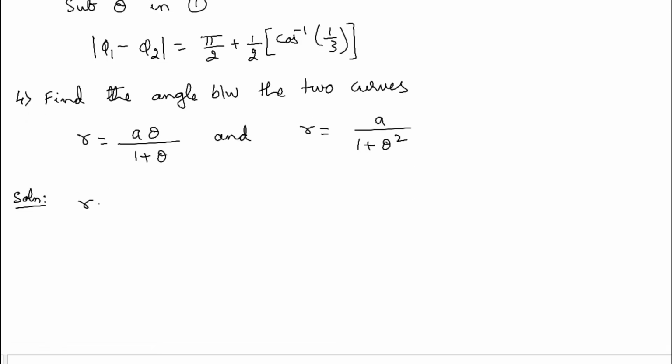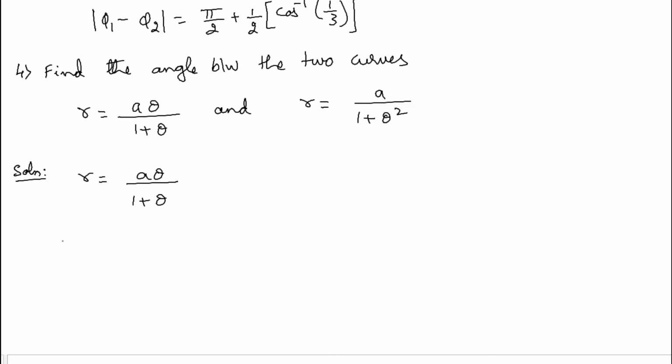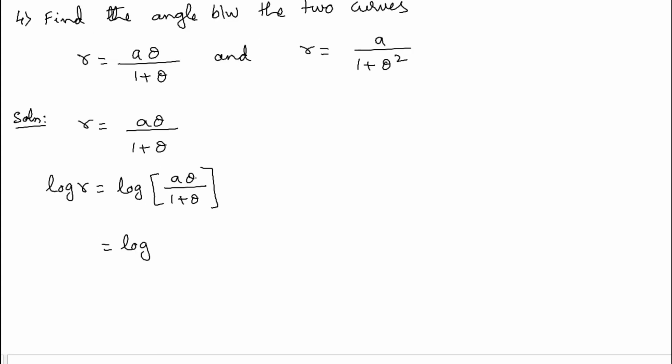r = aθ/(1+θ). So let us take log on both the sides. We'll be getting log of r = log of aθ/(1+θ). So it is in the form of log m by n, so we can write log m minus log n.